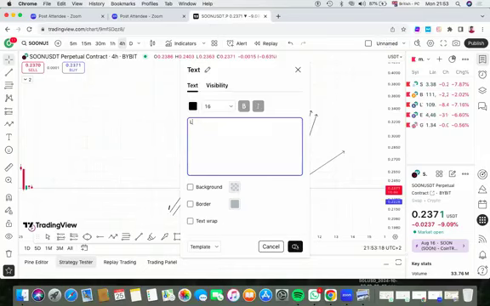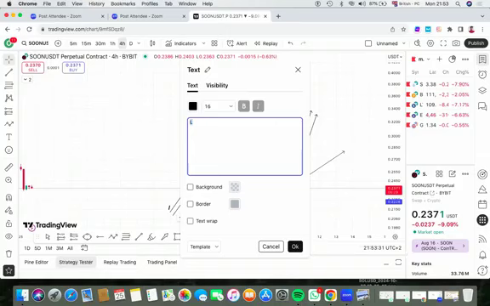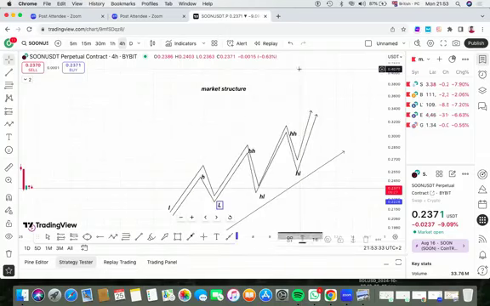Let's say the market started here with this low, got to this high level, and then came all the way back here as a low, okay? Do we all agree now that we have a high, and then we have a low?